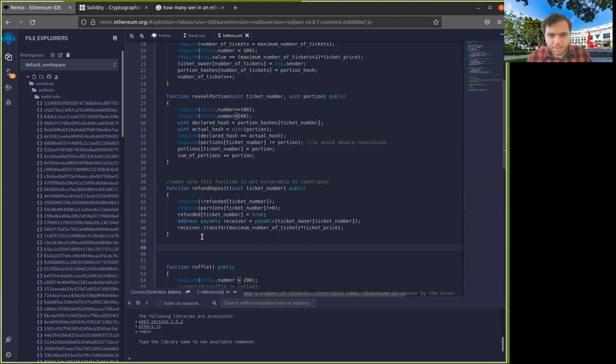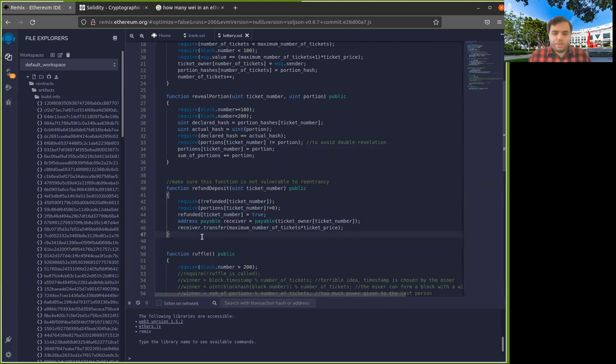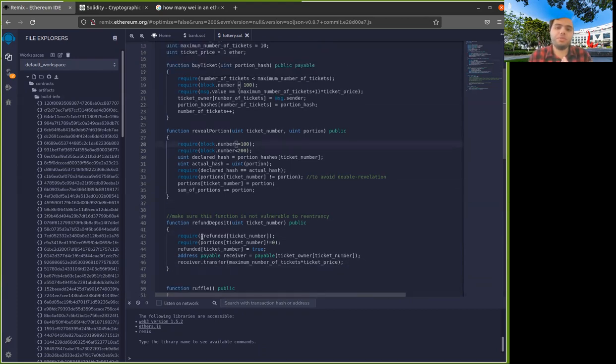But another thing that I want is another function that people can call to tell me that someone has cheated. So here's the thing. We want to know if some cheating has happened, and we also want to know who the cheater was.